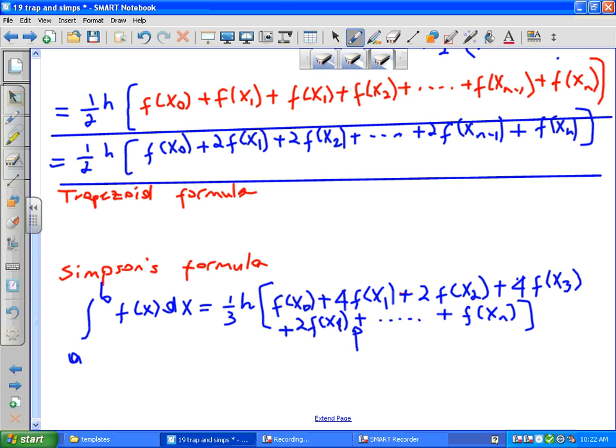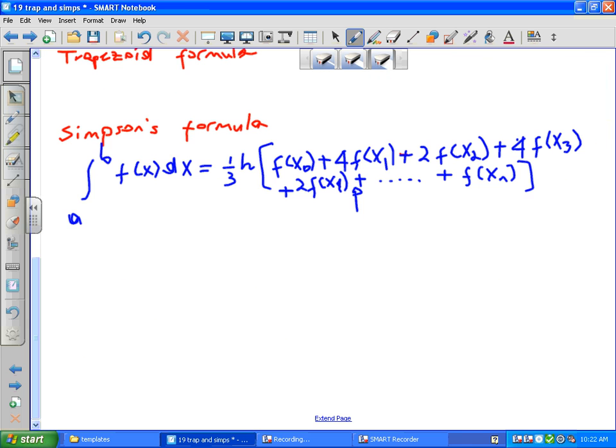So this should be in your handout, this formula. I'm just going to simplify it for you a little bit. If you look at the coefficients within the brackets, it's going to be 1, 4, 2. Basically, it alternates between 4s and 2s. So it starts with a 1, 4, and it ends with a 4, 1.